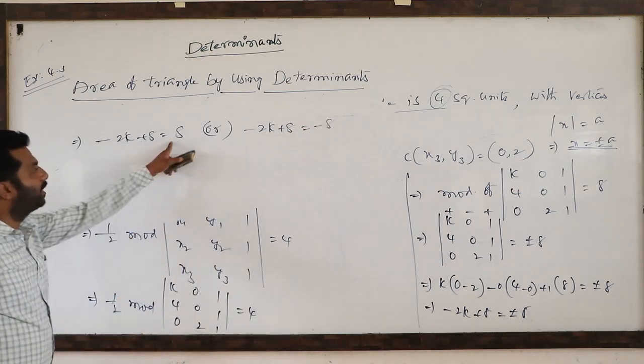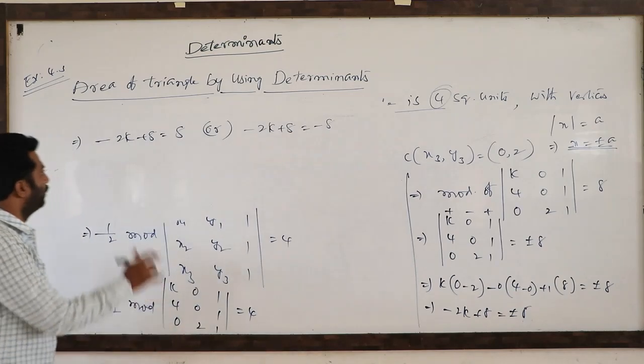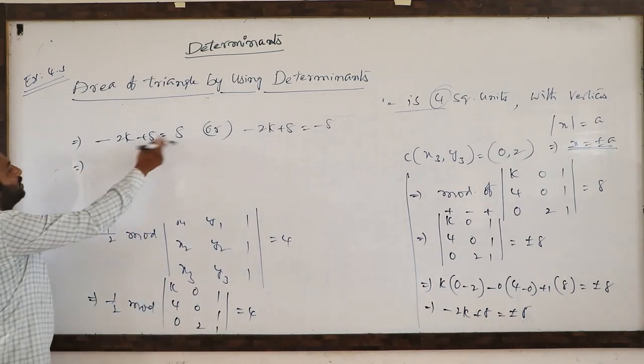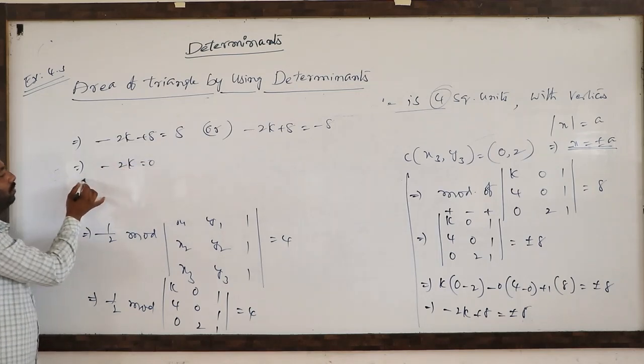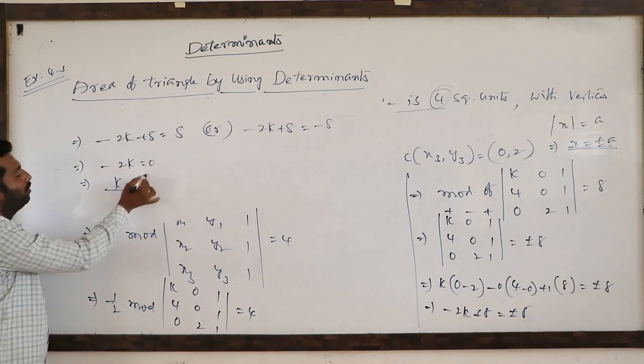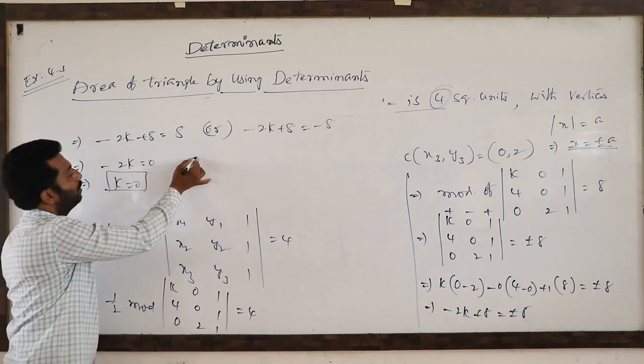One is plus 8, another one is minus 8. So for plus 8, if you send that side, 0, minus 2k equals 0. So clearly k equals 0. One value we got.